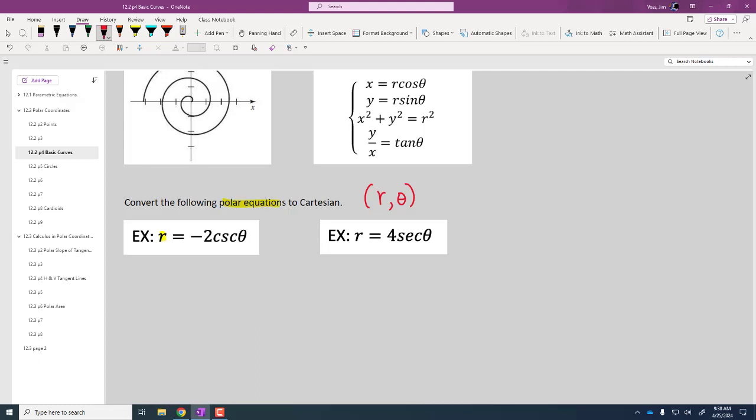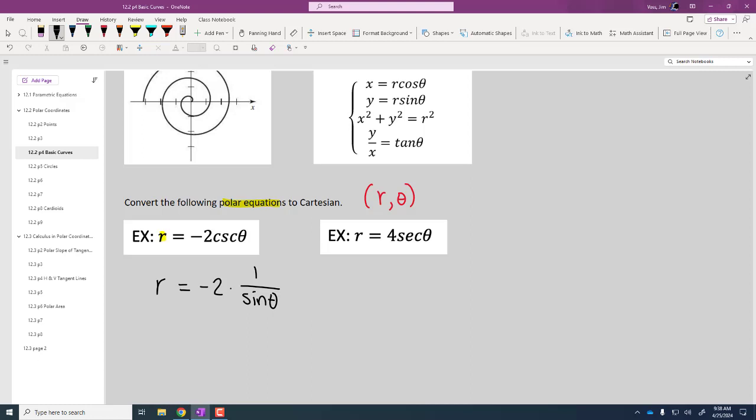Now, this direction is always harder when we start with polar and we want to get over to a Cartesian equation. We have to be a little clever here. And so these two equations are going to represent two very common strategies. So right now we have, well, actually, let's rewrite. The first thing we notice is that these equations, when we're looking at our x's and our y's, we have cosine and sine.